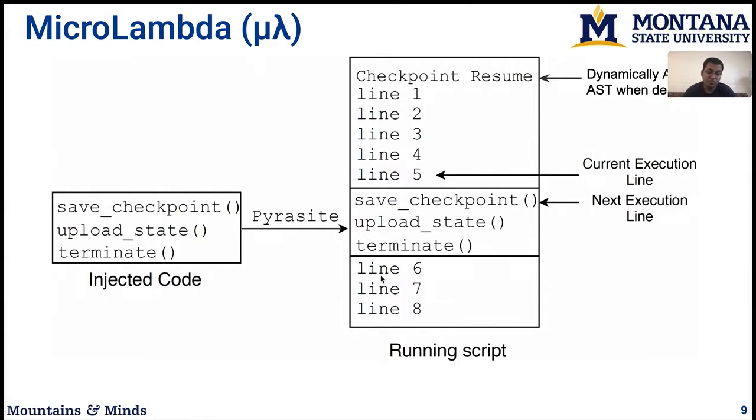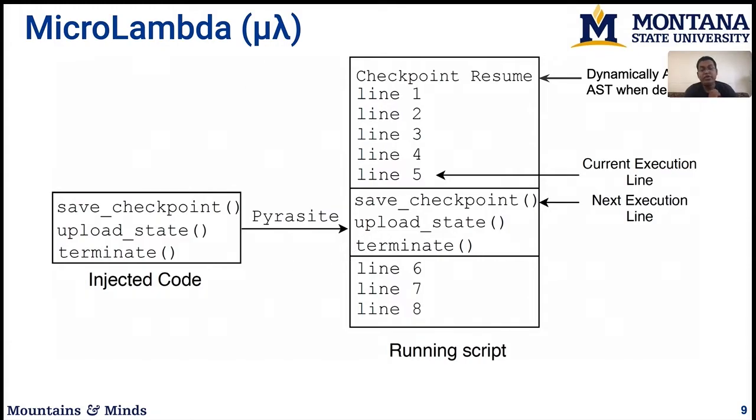Since Python is an interpreter, what it saves is the Python stack information, the Python object stack, which has the information about which line is executing and the last line we executed.